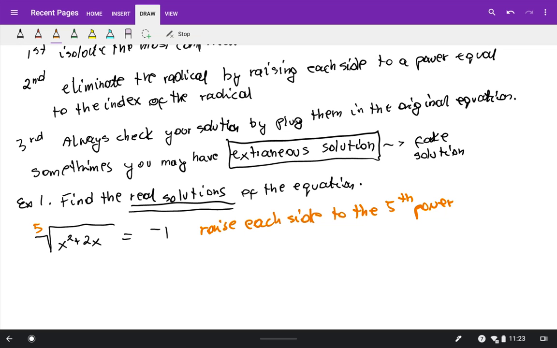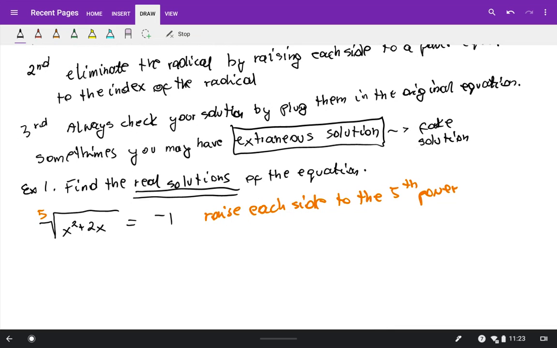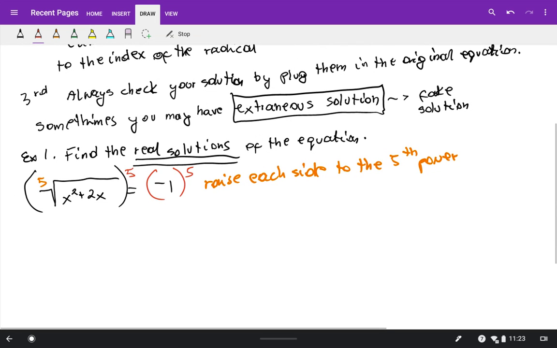If you have a square root, you raise both sides of the equation to the power 2. Don't forget that when you have a negative, you put it in parentheses. The power and the index of the radical undo each other, so that cancels, and you end up with x squared plus 2x equals (-1) to the 5th power, which is -1.